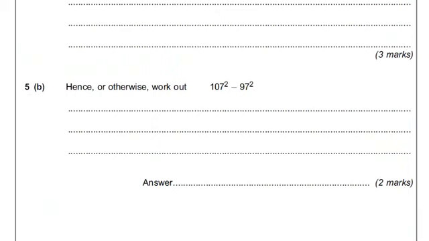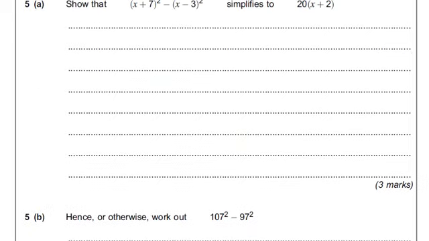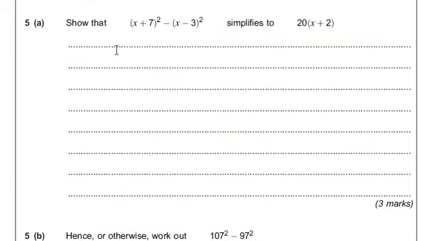Well, for these consecutive questions, it's mostly requiring you to use the above to solve the answer. So in this case, we could actually think of a number that fits in x. That would be 100 plus 7 and 100 minus 3.